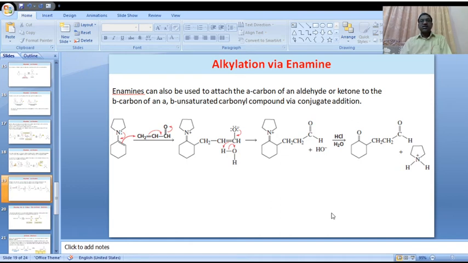Next, alkylation via enamine. Another reaction: enamines can also be used to attach the alpha carbon of an aldehyde or ketone to the beta carbon of an alpha beta unsaturated carbonyl compound via conjugate addition.